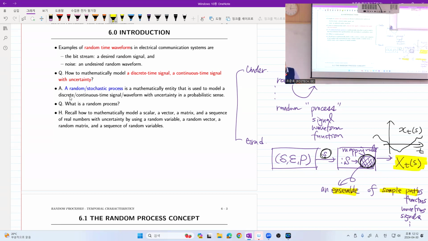In some textbooks, people love to use capital X subscript t, that is the time parameter, and parenthesis S. As you remember, capital X of S for random variable, capital X underline of S for random vector. Same, capital X of t to denote that it's a time function. Now, you have parenthesis S.